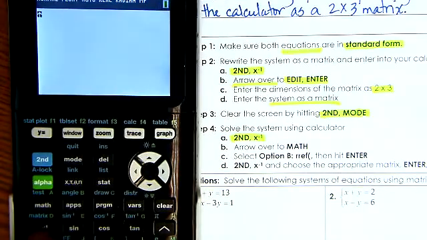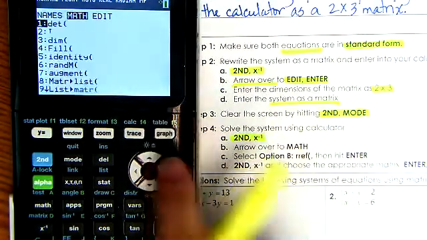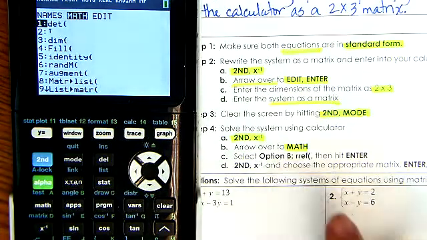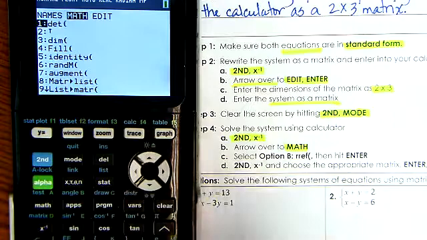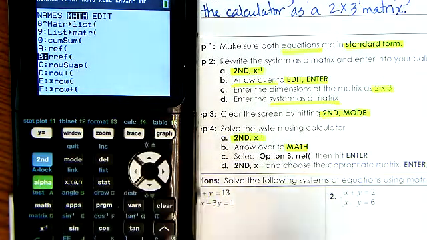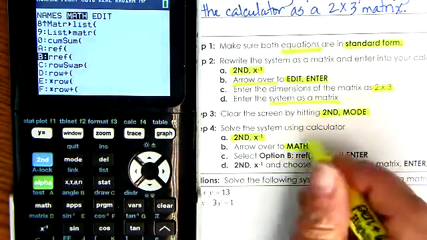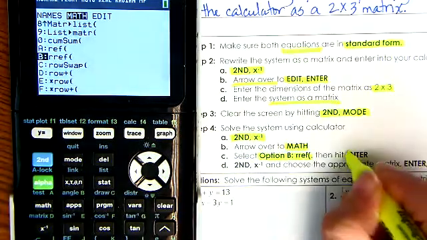Remember, that's the X up top. -1, arrow over to math, because we want the calculator to do some math, okay? And then we're going to scroll up or down. I think if you scroll up, you can find the one that looks like RREF. I roll that R so that you remember it's a double R. You want option RREF, and then we press enter.